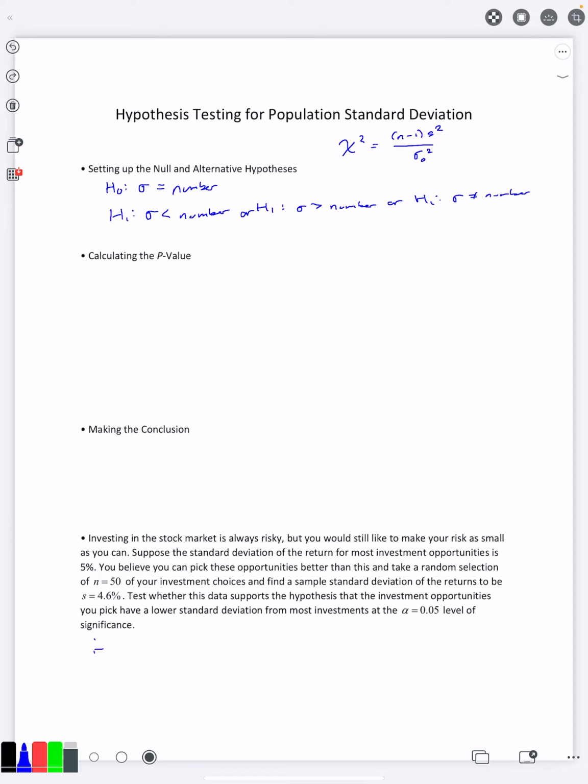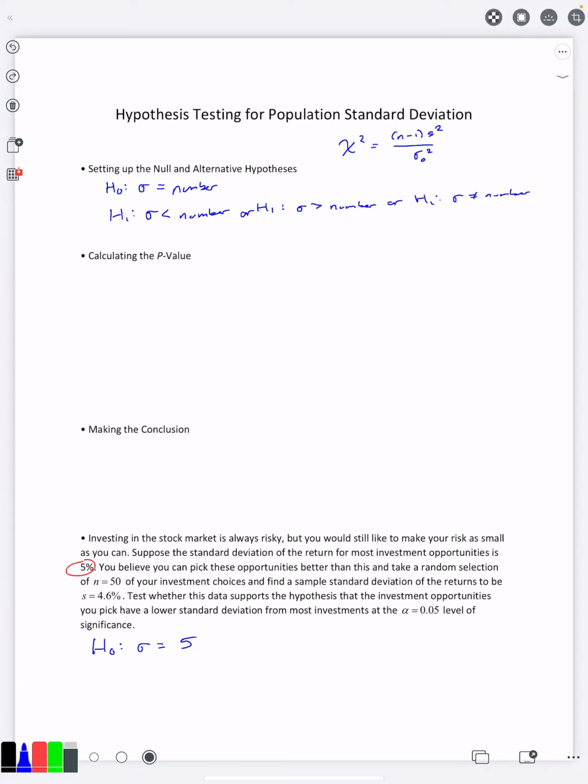So they give us some different numbers here. However, if you read it carefully and you're trying to figure out what is the default, what is the quote-unquote normal circumstance for what sigma should be, they're saying that most investments are at the 5% range. Now you can actually write it out as 0.05, or you can just put it as 5 and understand that you're talking about percents.